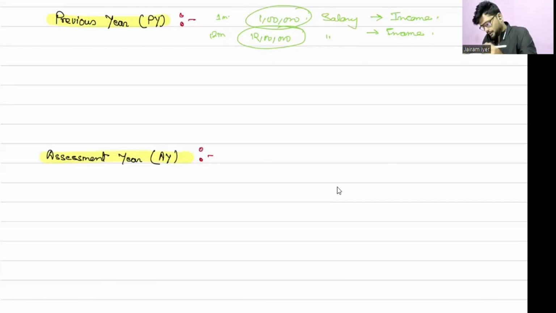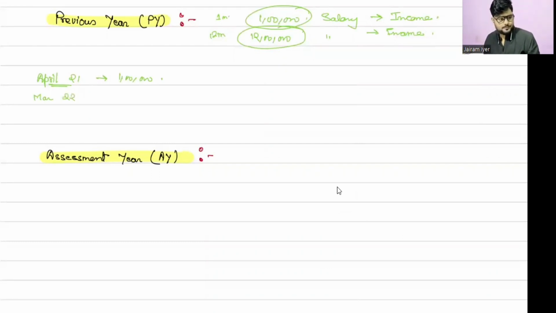Now suppose we are standing in April 2021. On the first day of April, Sanjana got her salary of 1 lakh rupees. What will be 12 months from here? It will be March 22.